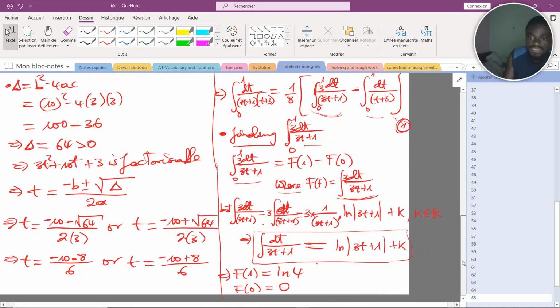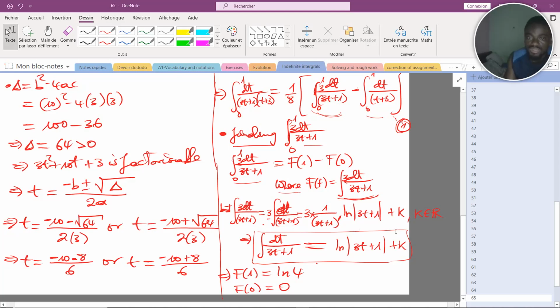So I'll first find this primitive. The primitive of 3 dt all over 3t plus 1 is equal to 3, I put the 3 outside, 3 integral of dt all over 3t plus 1. We integrate this as integrating 1 all over ax plus b. Don't forget there is this 3 outside. So I'll first have 3 times the integral of this, 1 all over 3t plus 1, which is 1 on the derivative of 3t plus 1, times ln of the absolute value of 3t plus 1, plus our constant k.